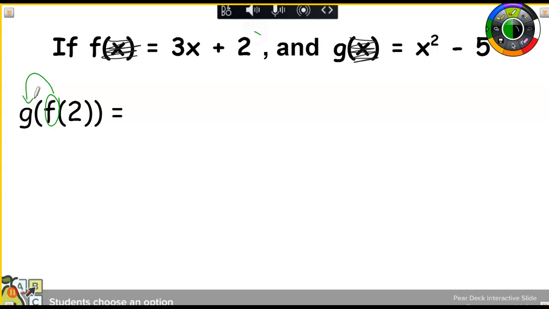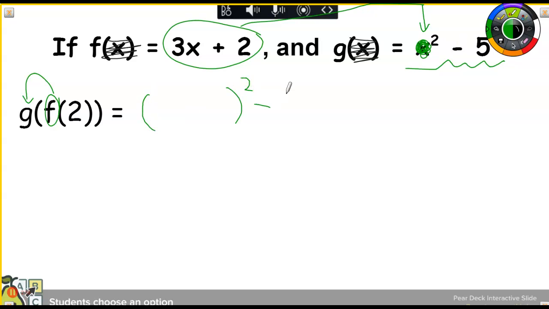So bubble equation f, which is here, plug it into equation g to the place of x. So erase your x immediately and draw a bubble there. And you're going to rewrite this equation, which is bubble square minus 5. So write it down. Bubble square minus 5. And put the real content of the bubble in here, which is 3x plus 2.